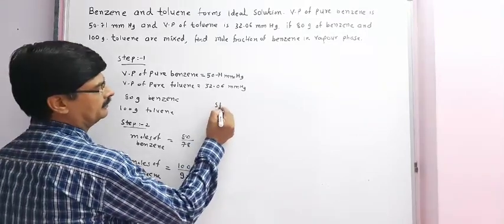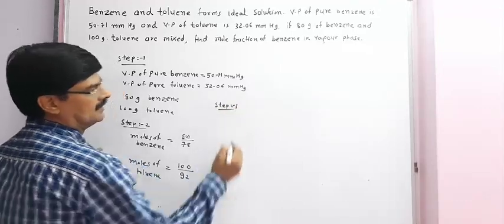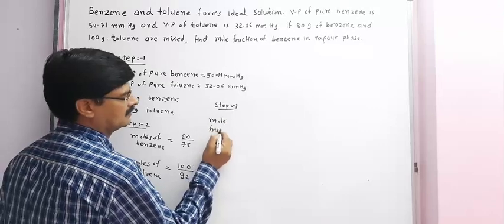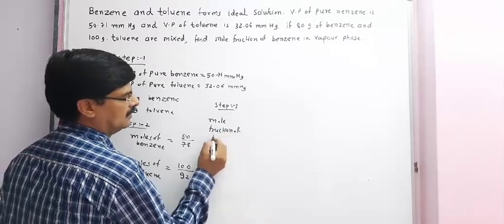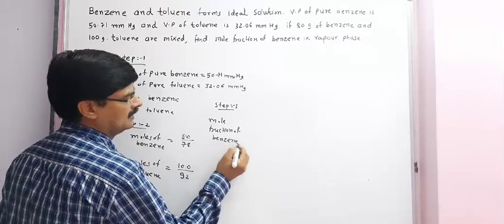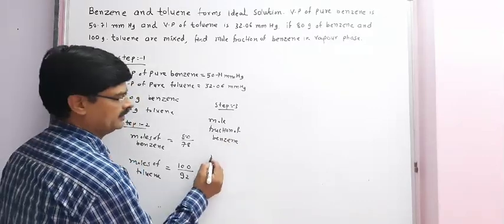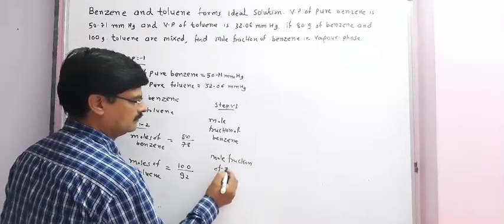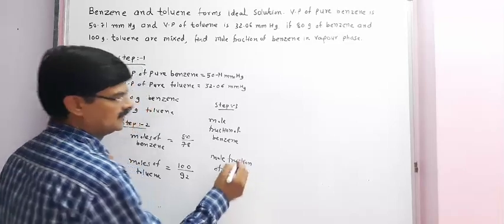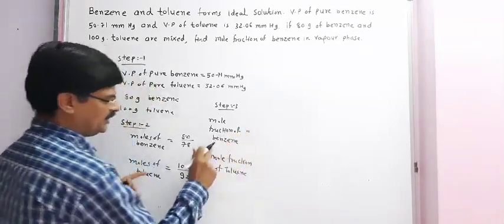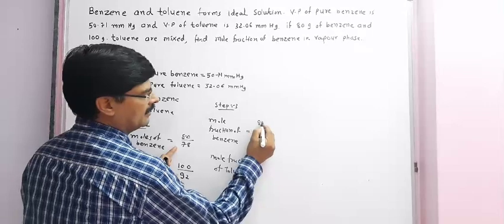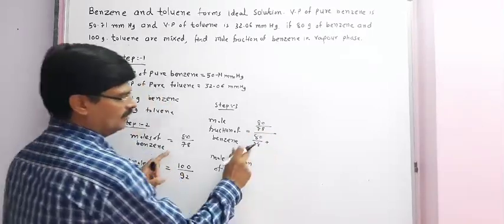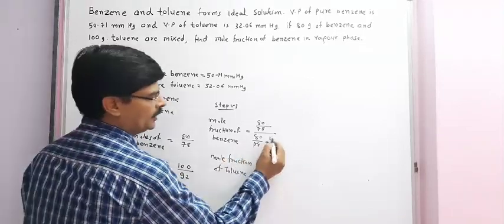Now in the third step, find out the mole fraction of benzene as well as mole fraction of toluene. See, mole fraction of benzene is moles of benzene divided by moles of benzene plus moles of toluene.